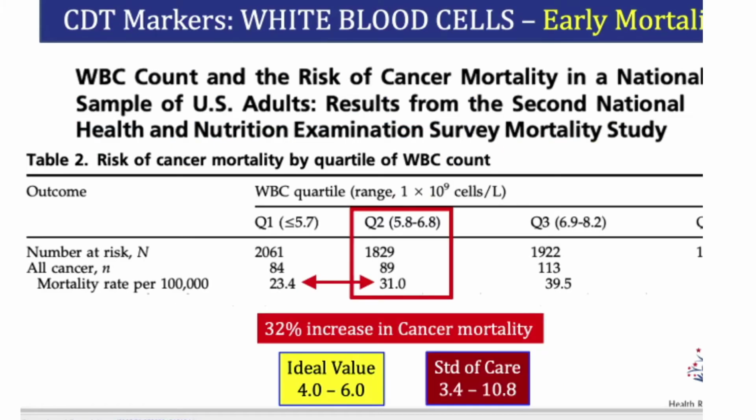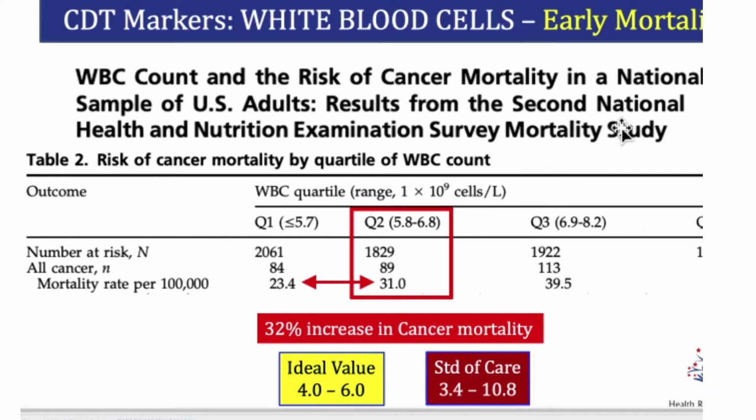So let's look at some other things. So here's a white blood cell count, and this is the basis of my scale. And we're always altering our scale based on new data. So white blood cell count and the risk of cancer mortality in the national sample of US adults resulting from the second National Health and Nutrition Examination Survey mortality study.